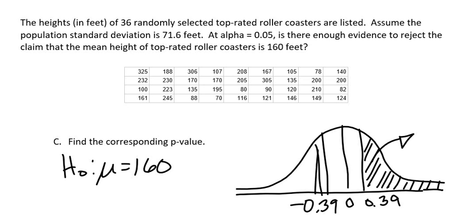That means that this area here is the same as the area on the tail on the right side. So again, we're going to look up negative 0.39, or we're going to use Google Sheets to find the area under the curve to the left of negative 0.39. Then we'll take that number and multiply it by 2 to find our p-value since this is a two-tailed test.